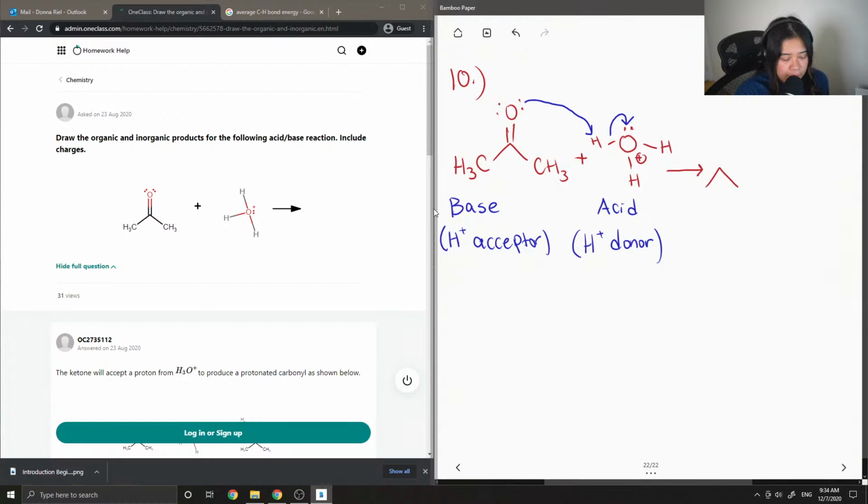And then our final product shows a protonated product plus water.